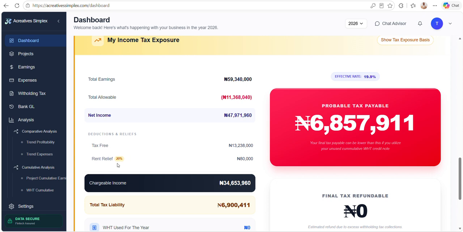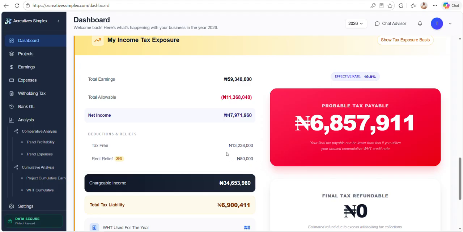And also, according to the new law, we are taking Nigeria for an example. The Nigeria Tax Act 2025 gives us a form of relief for rent of 20% on your rent, and the cap is 500,000. So in a case whereby 20% of your rent is less than 500,000, such value will be disclosed there.